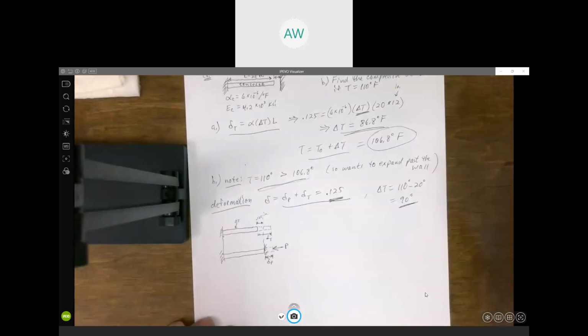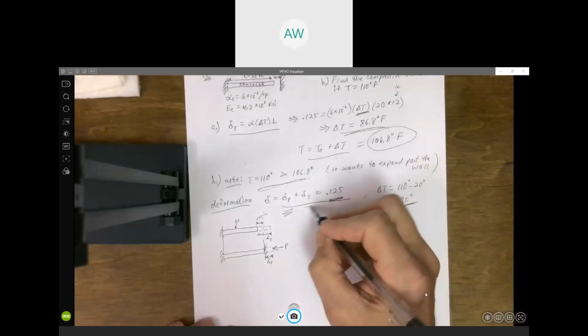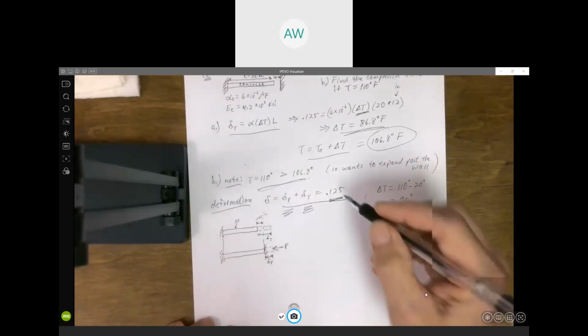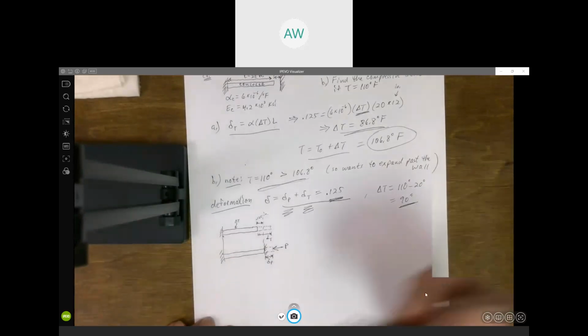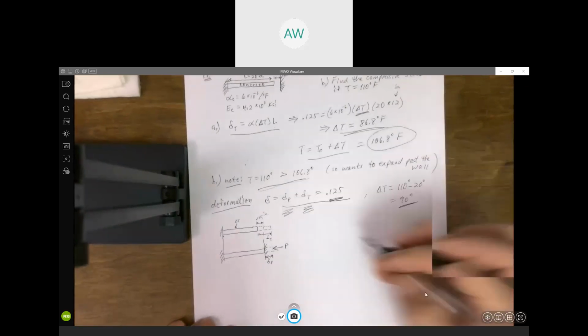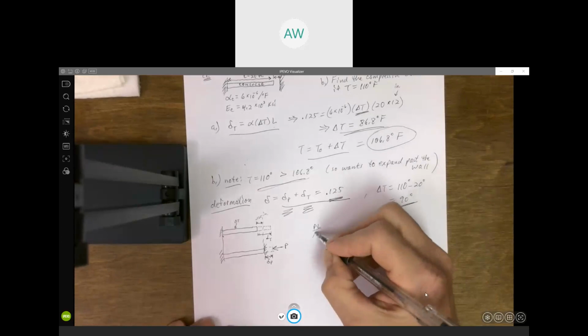And we get the delta P, we get the delta T, and those added together have to be equal to 0.125, because we know that is the deformation of that concrete. So delta P here, I know is PL over AE.